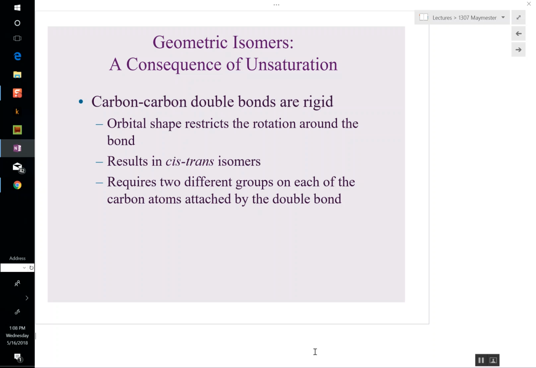I could have this. I'm going to put those two up there. These are both 2-butene. Do those things need different names? Well, let's figure that out.